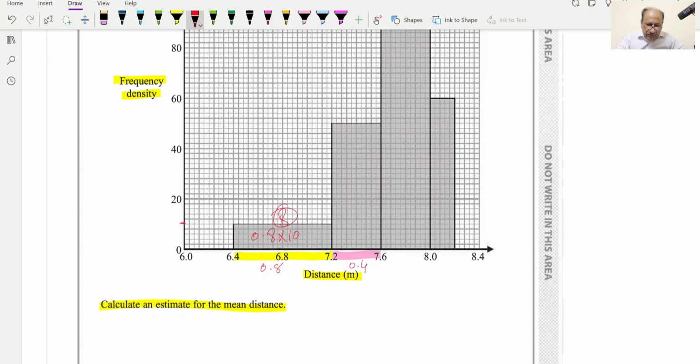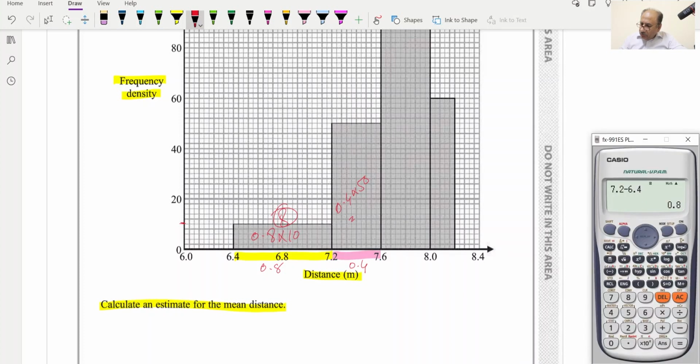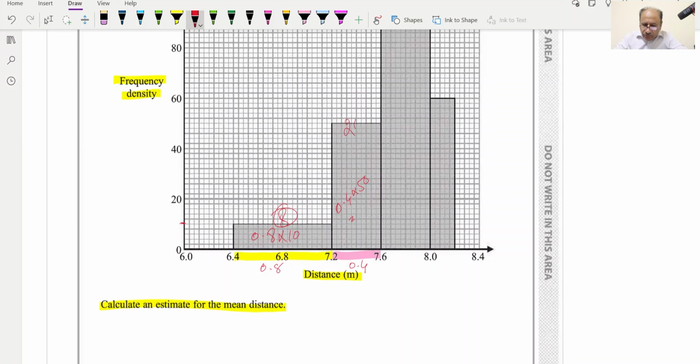And the height is up to 50, so 0.4 multiplied by 50 is equal to 20, so this height will be 20. Then the next column width is this one, and it is 0.4 again.